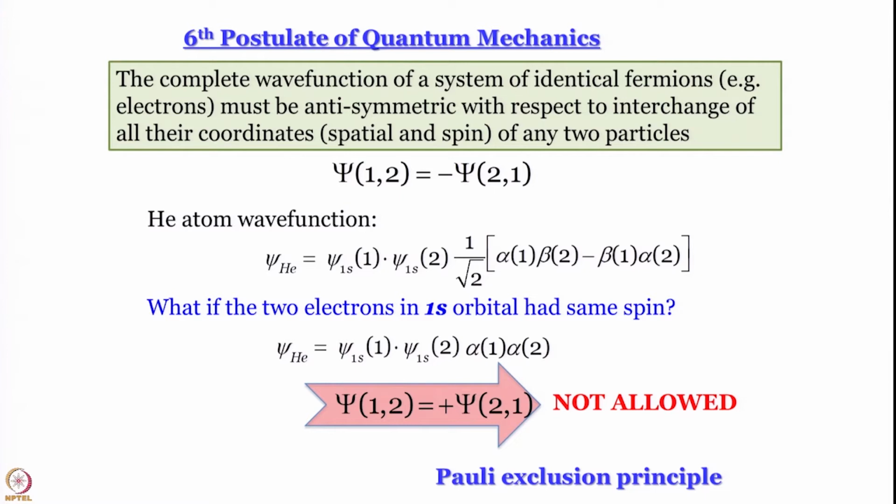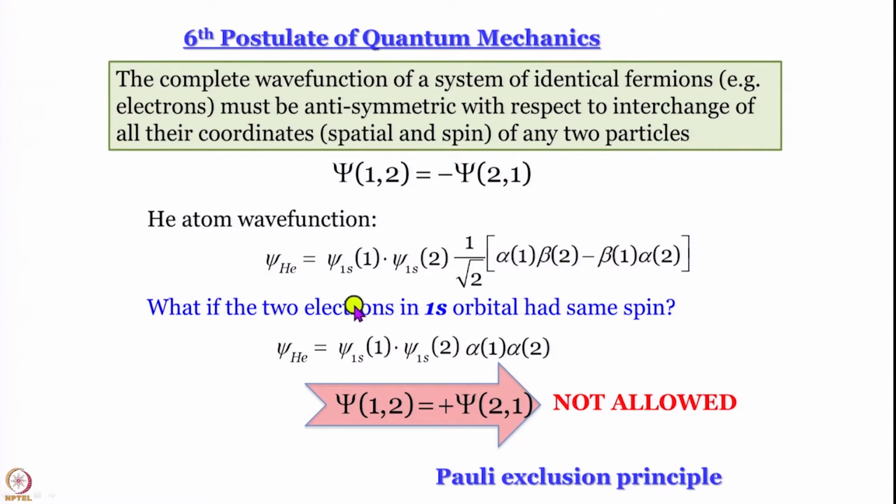The reason why we worry about this is the Pauli principle, or the 6th postulate of quantum mechanics, which says that for fermions like electrons, the complete wave function of the system must be antisymmetric with respect to exchange. So, psi of 1 and 2 must be equal to minus psi of 2 and 1. If you interchange the labels 1 and 2, the wave function must change sign.